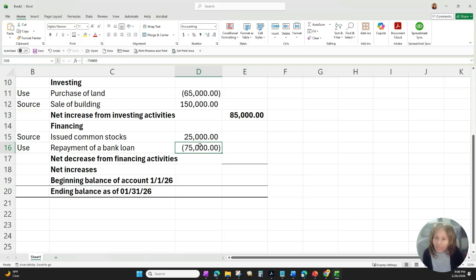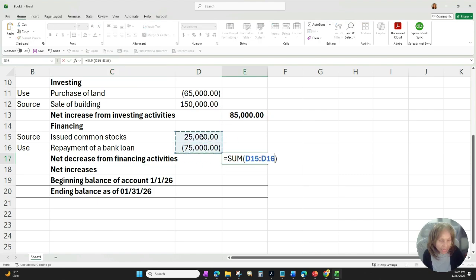So again, the outflow is represented in negative to indicate that the cash is being reduced. In this case, notice that the outflow of cash is larger than the inflow. Therefore, we have a net decrease from financing activity, and that is $50,000.